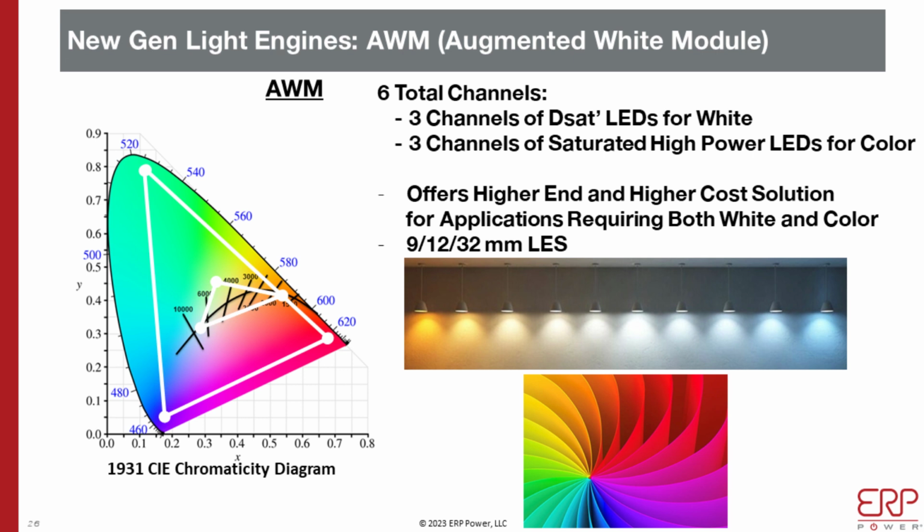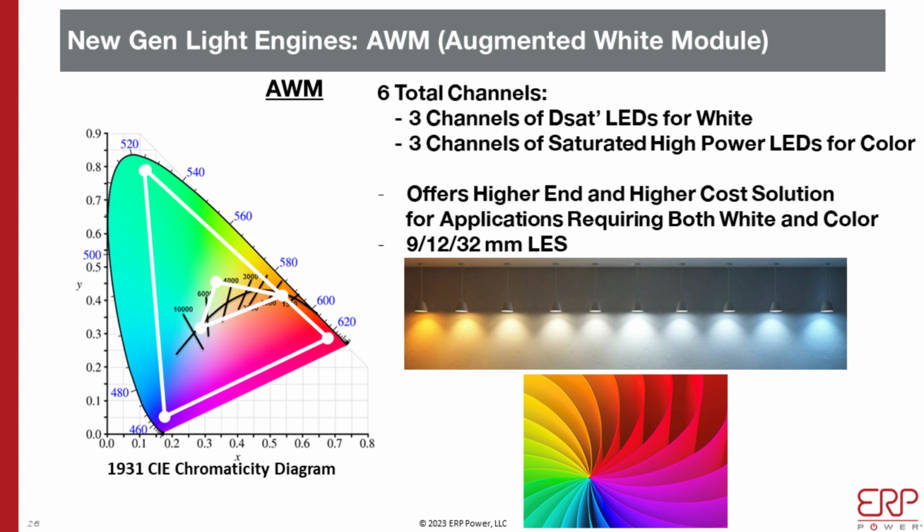So let me go through another one, which we call AWM. AWM stands for Augmented White Module. To make it clear, think of it as TWM2, which supports the white range coming from, let's say, 6,500 all the way down to 1,800.